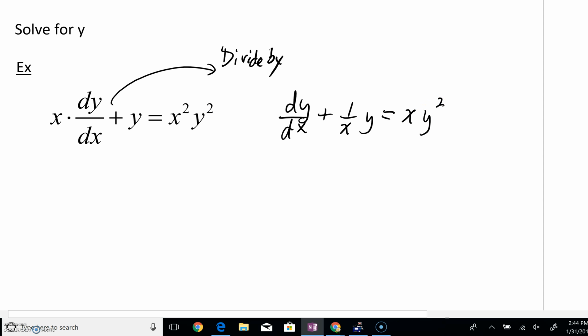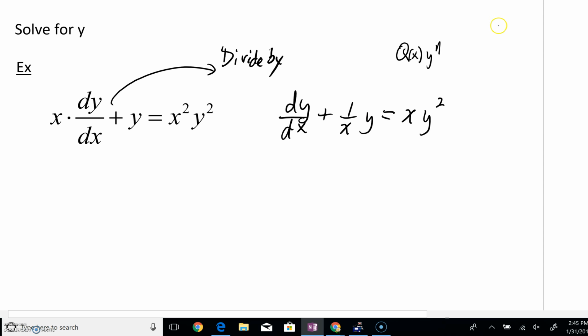We'll have y to the second. Now, remember, this right here is kind of like our q of x, y to the n. In this case, n would be 2.